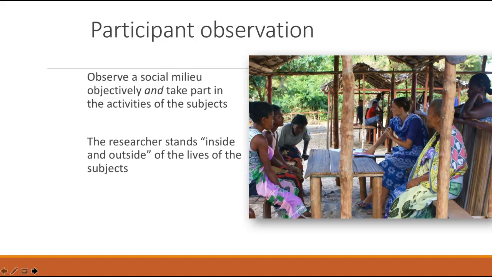The tricky part here is the balance between objectivity and subjectivity. A researcher who is too detached from their subjects might well misinterpret what situations mean for them. On the other hand, a researcher who gets too close to them might lose their objectivity.